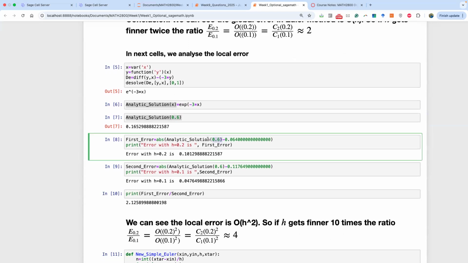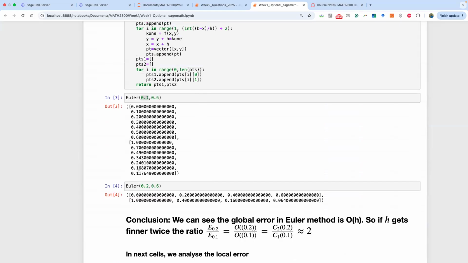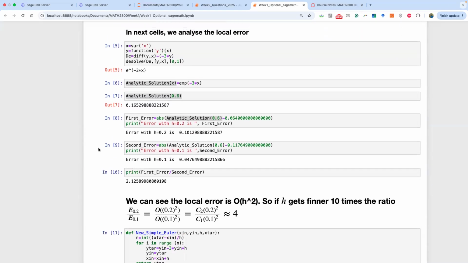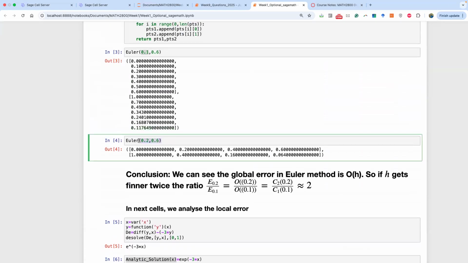So the analytic solution, which is this guy, minus this guy, which comes from here. Sorry, it's this one. Okay, so it is this one.